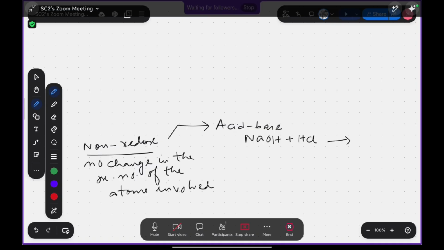NaOH, sodium hydroxide, plus HCl, producing sodium chloride and water. For this purpose you use methyl orange, or you can also use phenolphthalein as the indicator. Why are indicators used? I am coming to that afterwards.